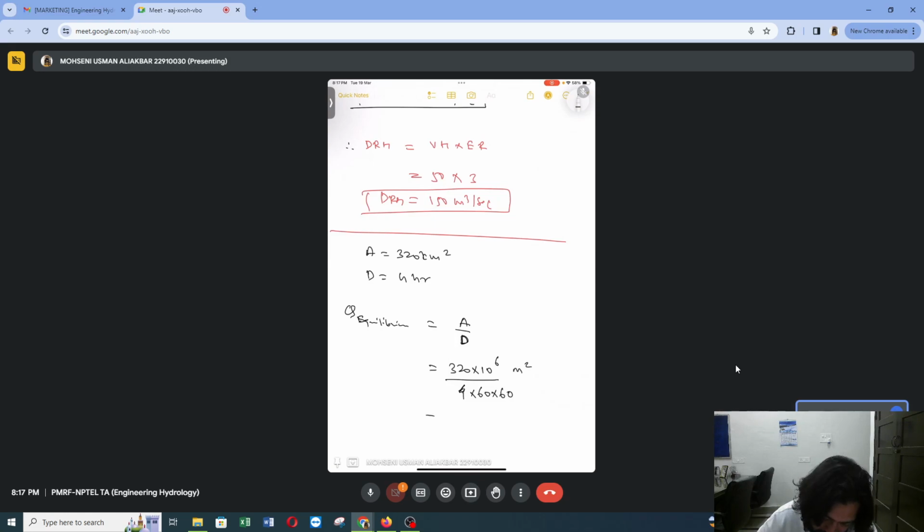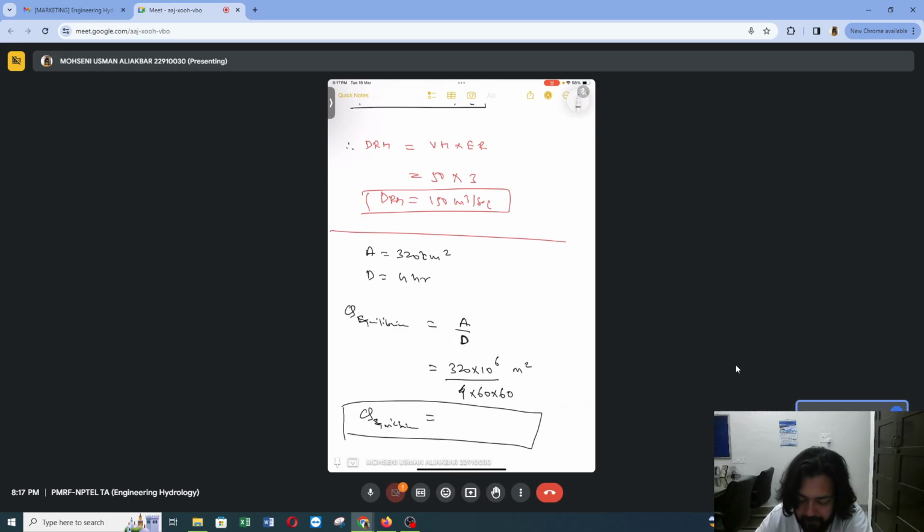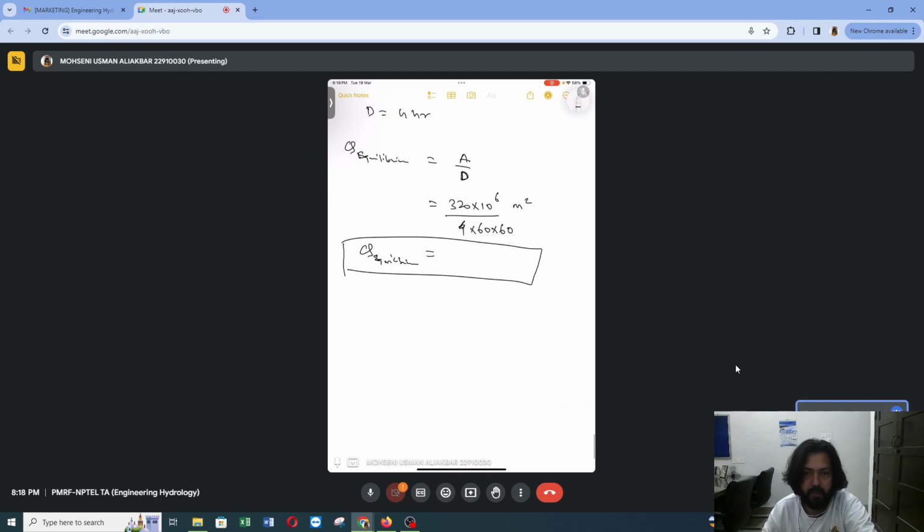Now we can solve this equation and get the value of Q equilibrium. So this is also a very simple problem. You just need to do the unit conversion and remember the Q equilibrium.